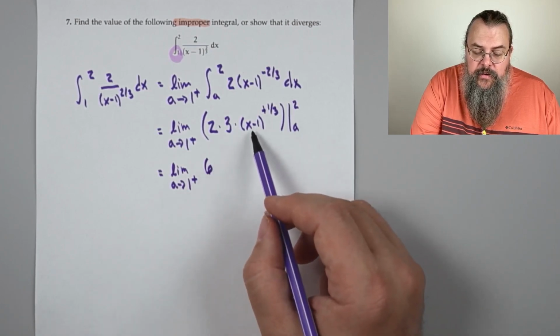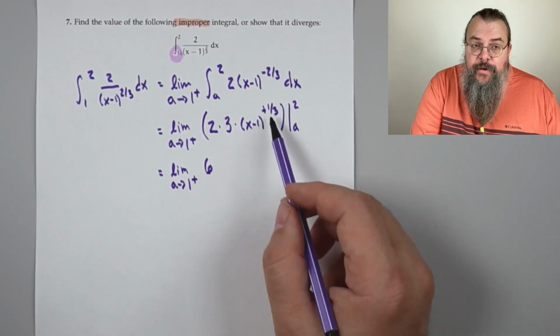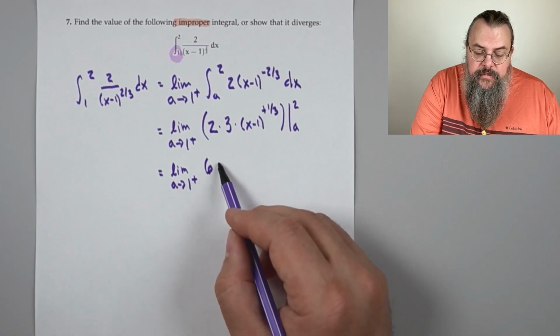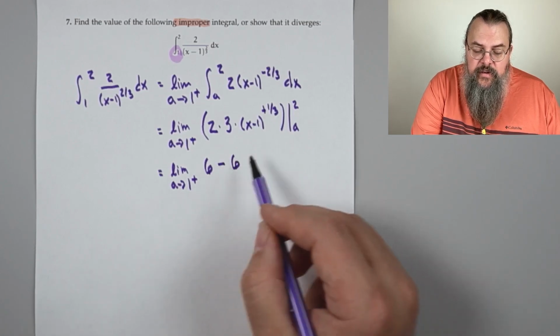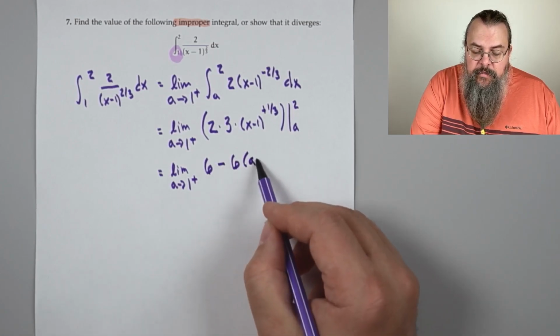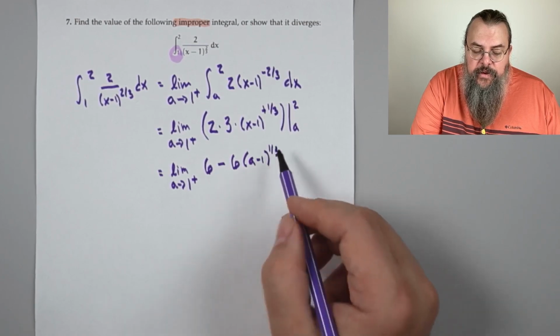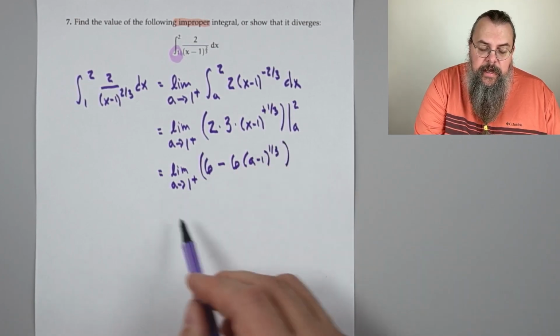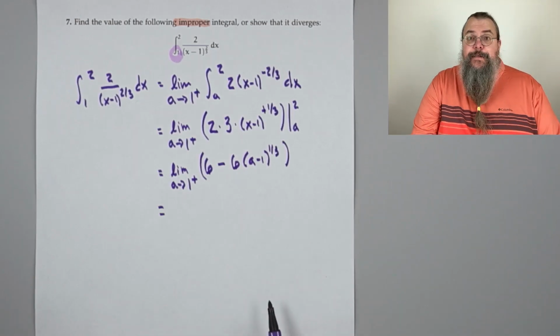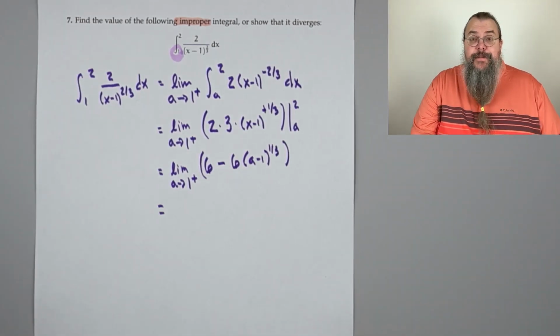Now, 2 minus 1 is 1. 1 to the 1/3 is 1. So 6. Subtract 6 times (a minus 1) to the 1/3. And we say, all right, well, we're taking a limit. What's the first thing you do? You plug it in.